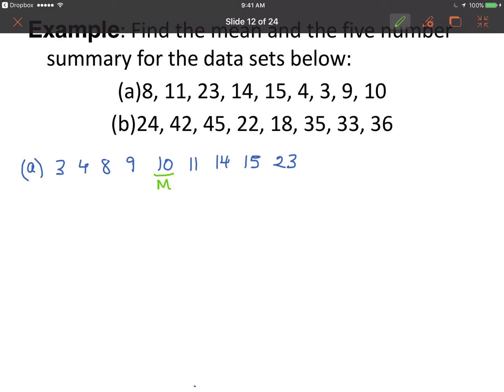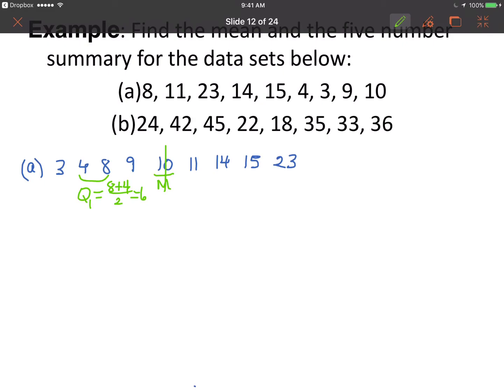Now to find the quartiles, I'm going to cut it in half through the median and look to the left and to the right. So to the left, I have 4 numbers. The quartile is going to be the mean of the 2 middle numbers here. So the first quartile is 8 plus 4 divided by 2, which is 6.